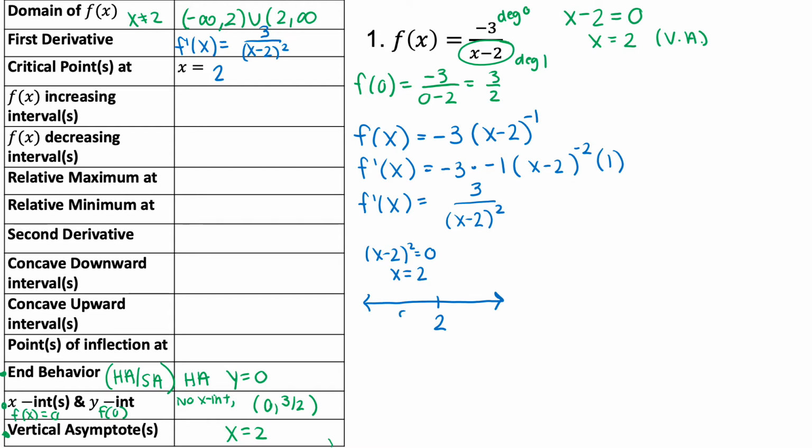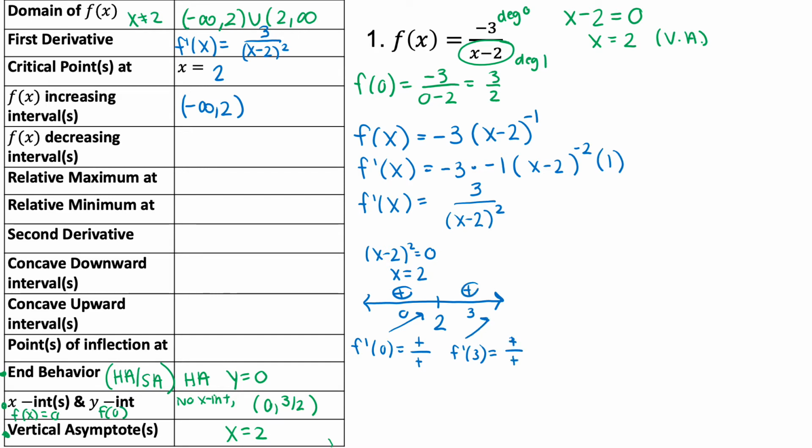So if we test, I don't know, a 0 and a 3 inside our derivative, f prime of 0, numerator is 3 is positive over our denominator is squared is also positive. So we are increasing between negative infinity and 2. And then plugging in f prime of 3, we have 3 is positive over something squared is positive.